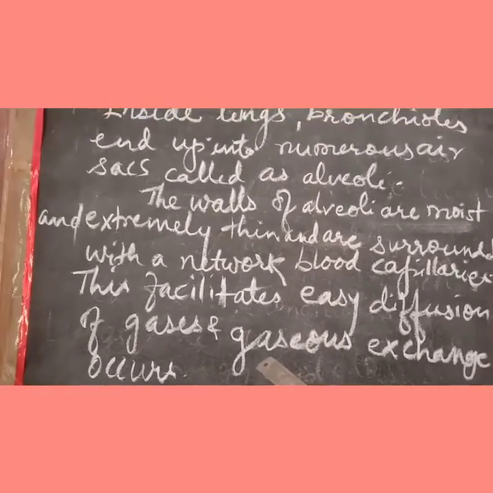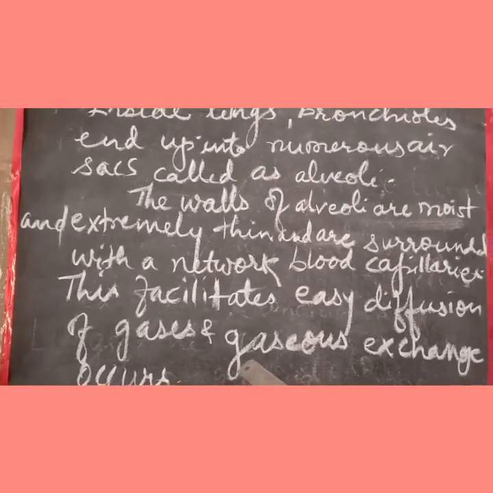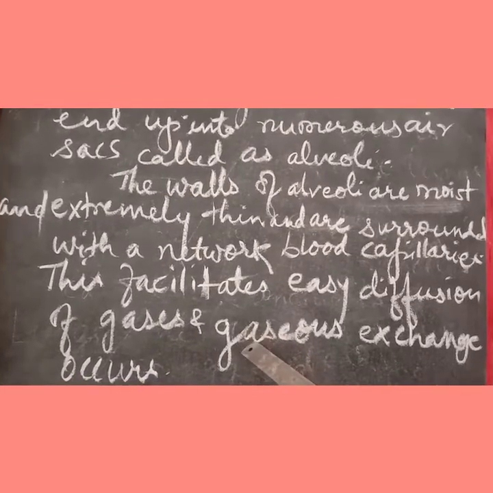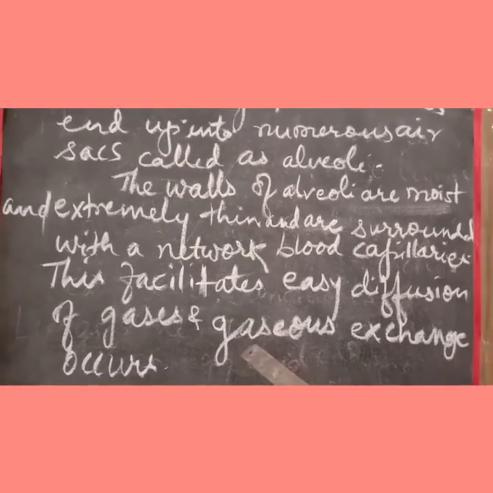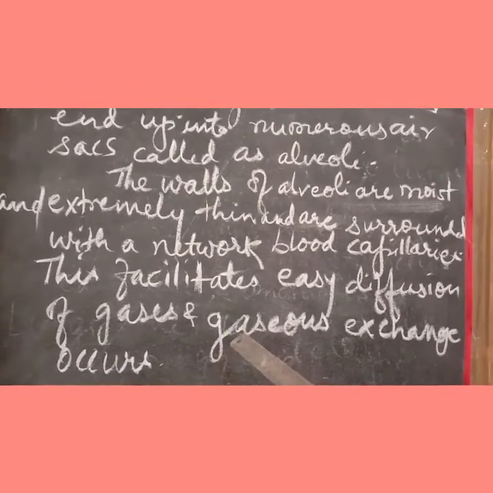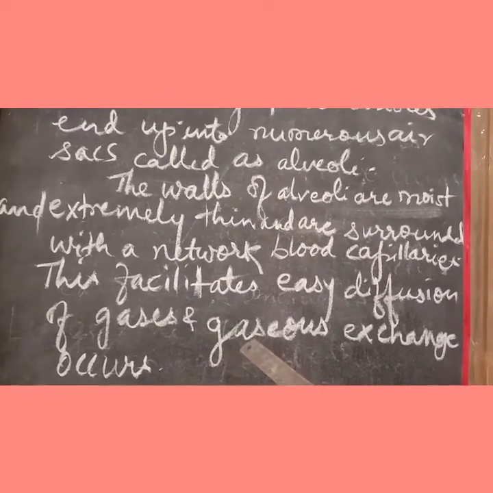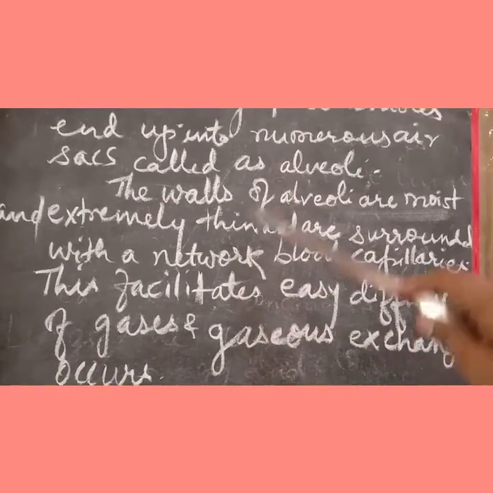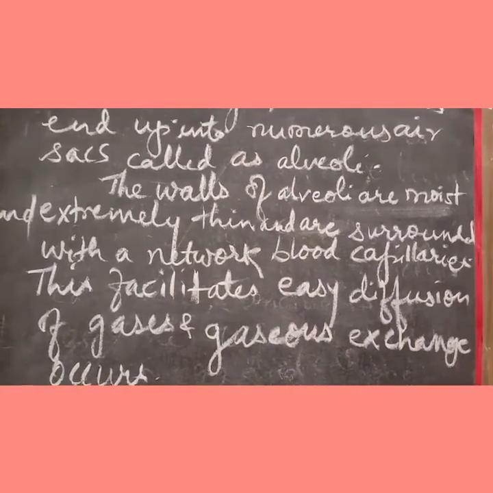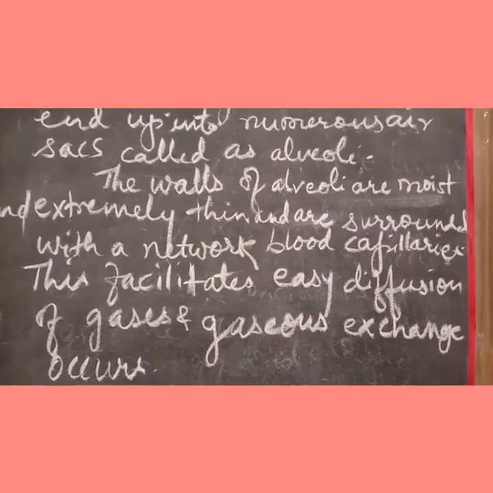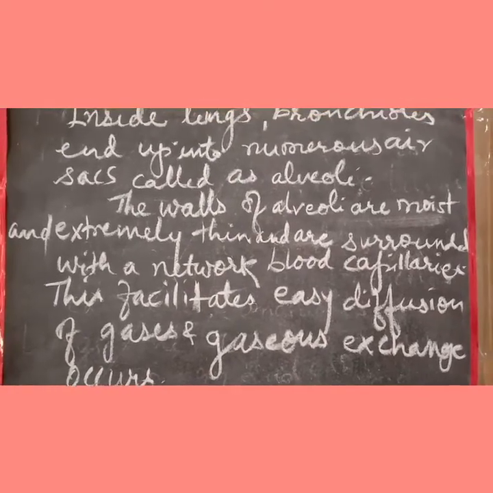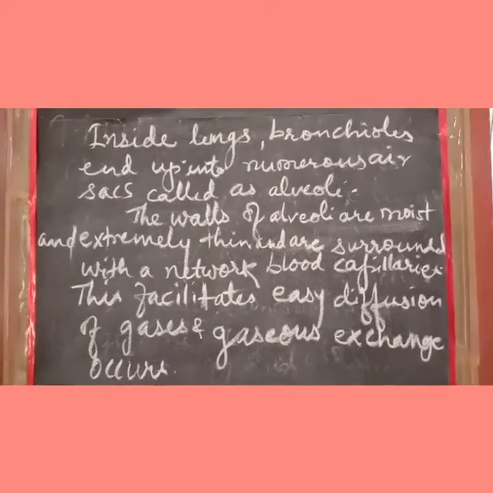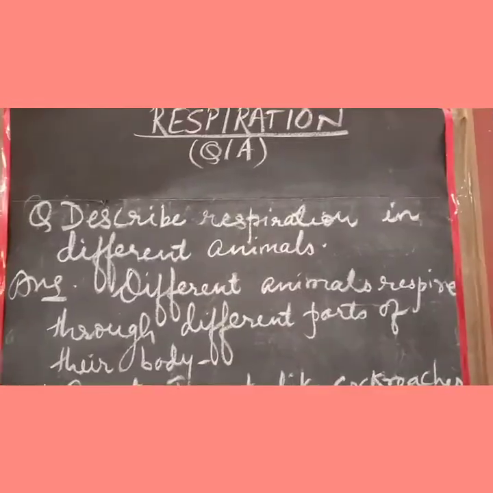Carbon dioxide present in the blood reaches the alveoli, and during exhalation, alveoli absorb carbon dioxide, which will be thrown out of our body following the same route which we have discussed right now. So this is how respiration occurs in human beings.